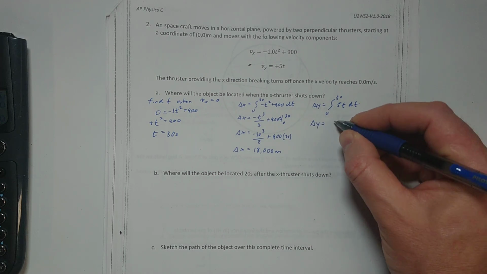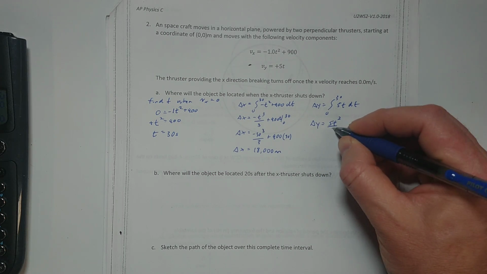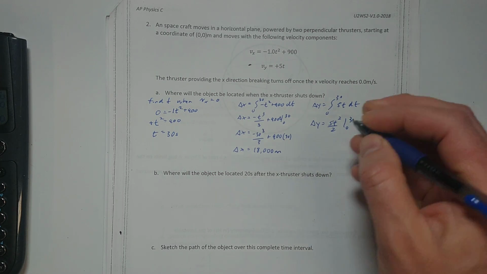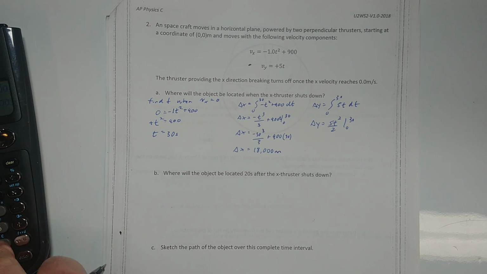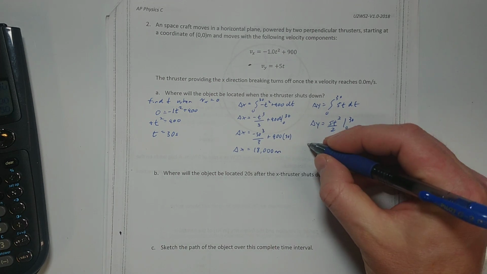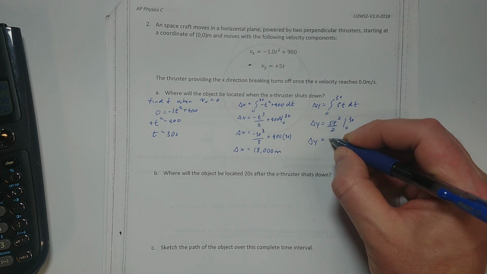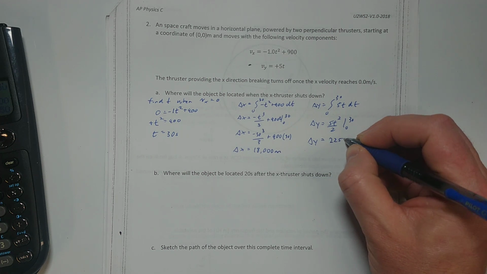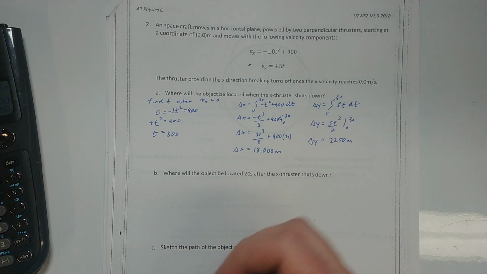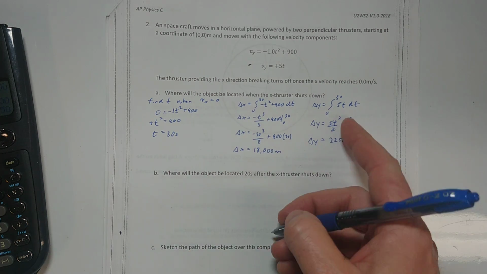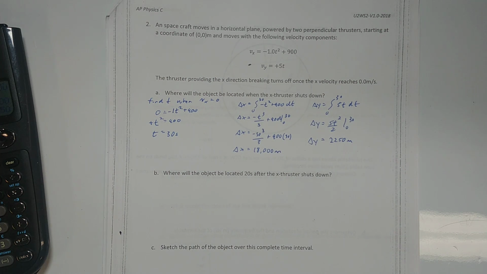Delta y equals 5t squared over 2 from 0 to 30. So 5 times 30 squared divided by 2 is 2,250 meters in that 30 seconds. So I plugged in 30 for t there.